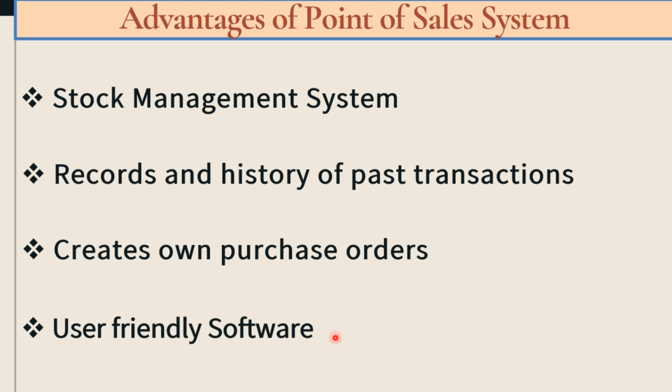User-friendly software means the software which is prepared for the point of sale system is different for different shops. For hotel it is different, for medical shop it is different, for kirana shops it is different, for grocery shops it is different. So different types of software have been designed for different purposes by different types of sellers.